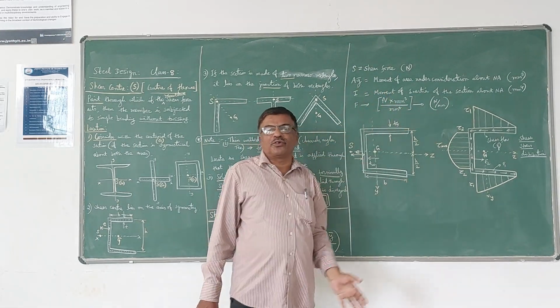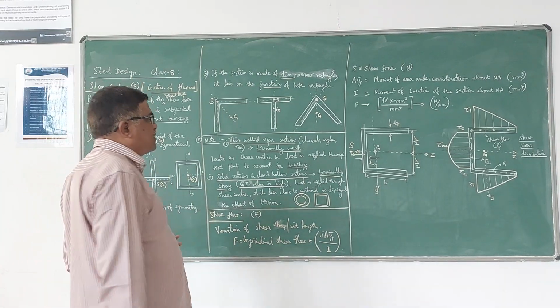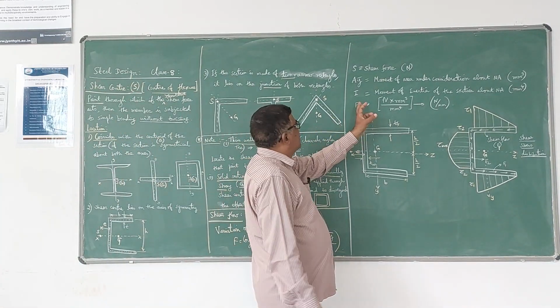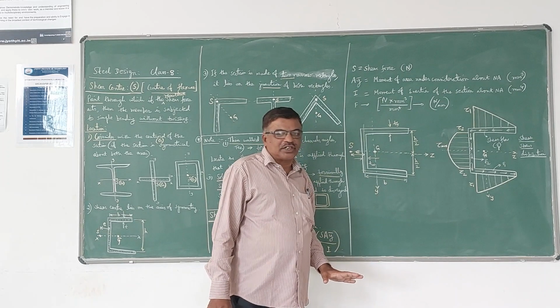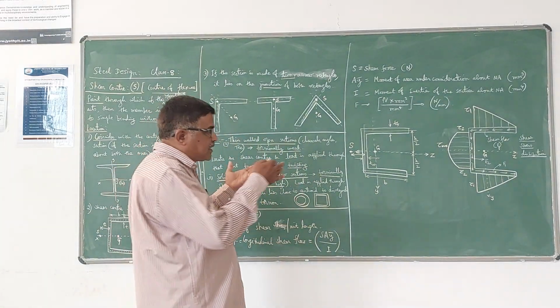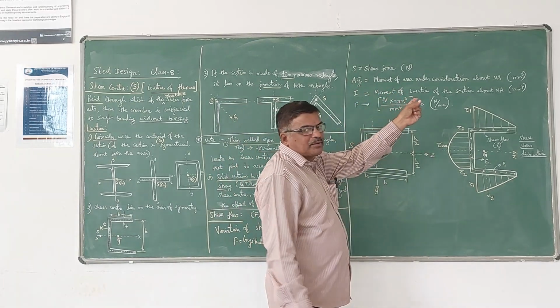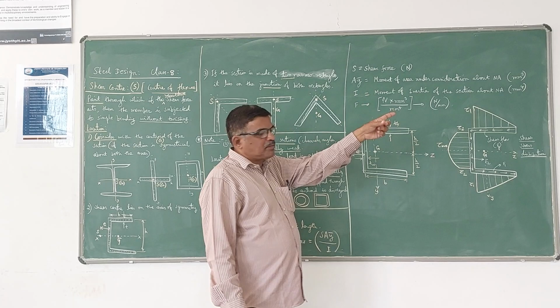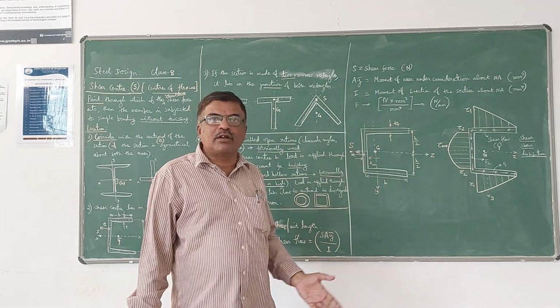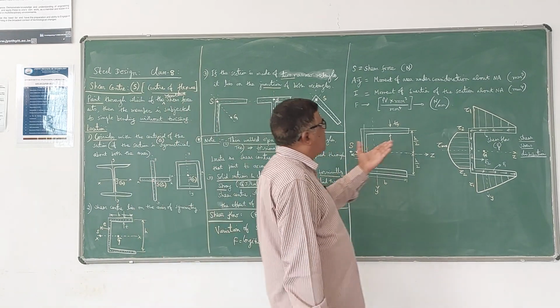This of course we have used in strength of materials for calculating the shear stresses in beam cross sections. And I is the moment of inertia of the section about the neutral axis. Maybe Ixx or Izz you may have to take. So the unit of the shear force is normally expressed in newtons. A y bar is expressed in millimeter cube because A is in millimeter square and y bar is the distance in millimeter. I is the moment of inertia in millimeter power 4.